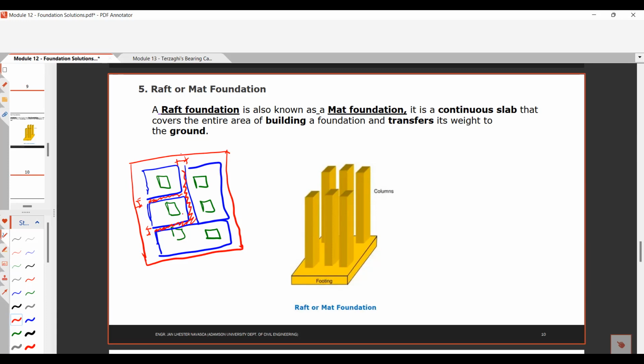Okay, so they call this one a raft or a mat foundation. Okay, so it covers the entire area of the building or some area of the building. So pwede kang meron kang different mat, so mat foundations. Okay, so yan yung mat foundation.